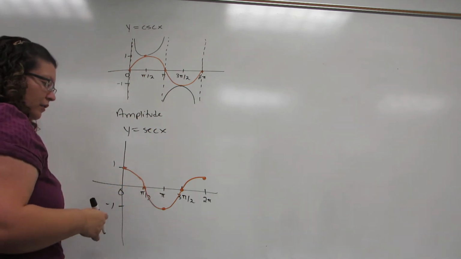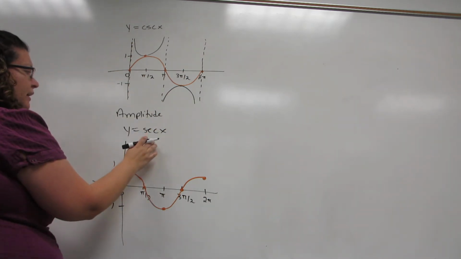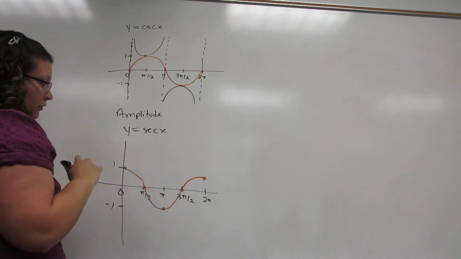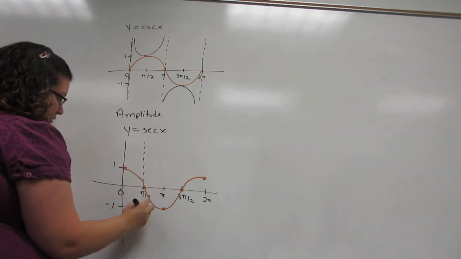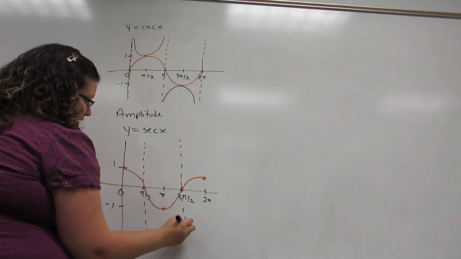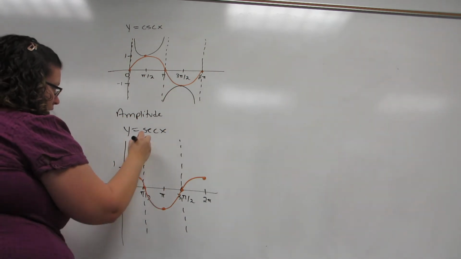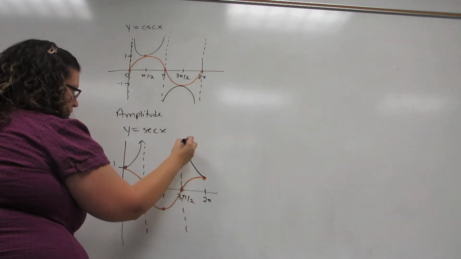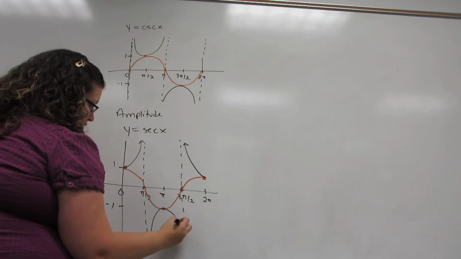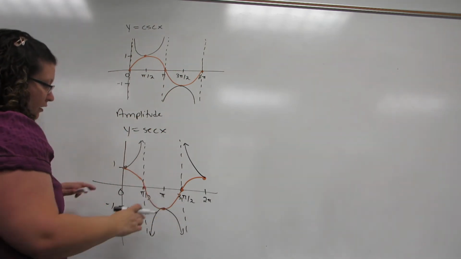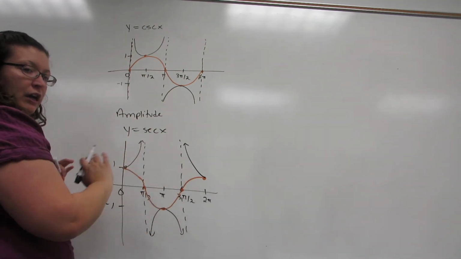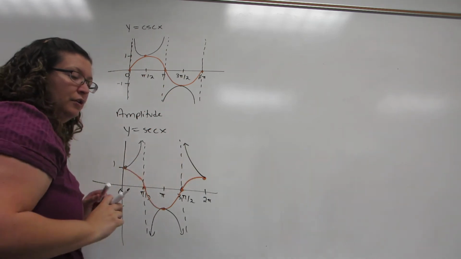But then once I have the cosine graph, I'm going to turn it into secant the same way I turn sine into cosecant. I'm going to put asymptotes everywhere the graph crosses its center line, and I'm going to put horseshoes on top and bottom of the graph. The only thing you'll notice here is that the horseshoe on top was kind of cut in half. Part of it on the left, part of it on the right.